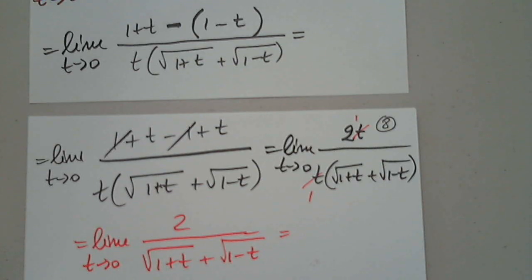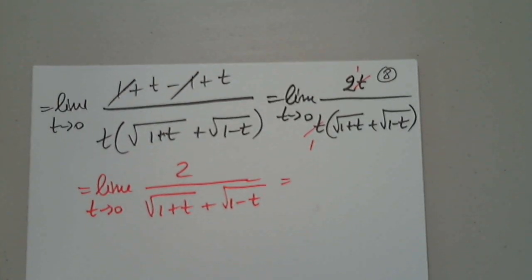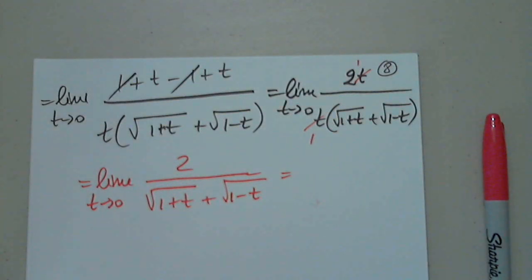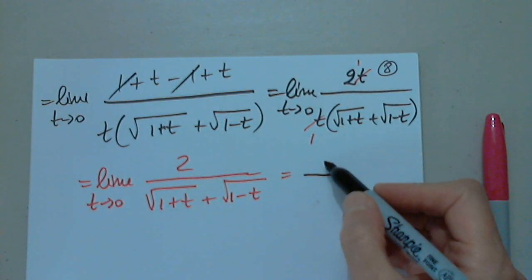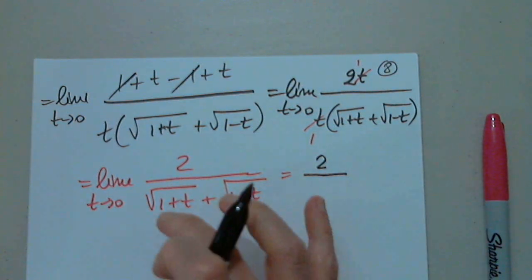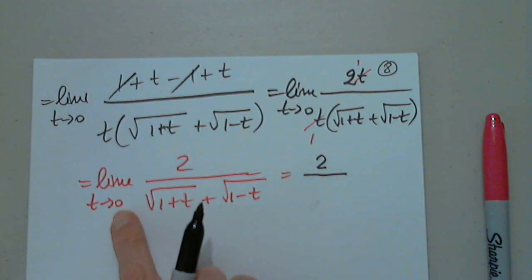Can anyone give us the final answer for this tendency? Where is the numerator approaching? 2. Perfect. Where is the denominator going? Careful. 1 plus 0 is 1.